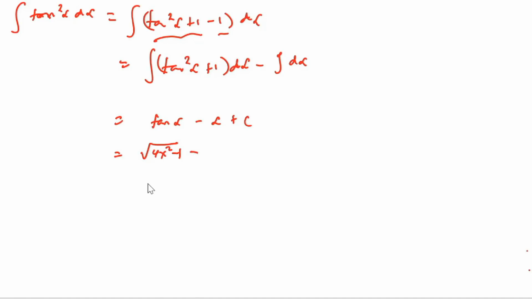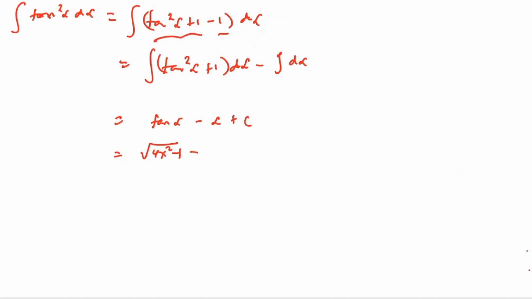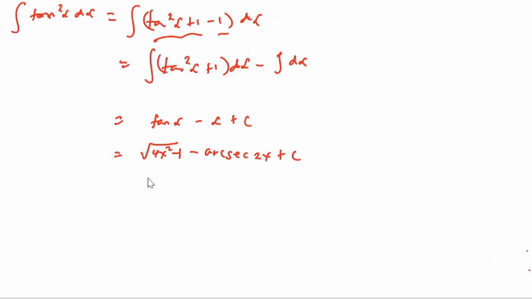Minus the meaning of alpha, alpha is arc secant of 2x, plus a constant. So finally, the answer for our given, the integral of the square root of 4x squared minus 1 over x dx, is equivalent to the square root of 4x squared minus 1 minus arc secant of 2x plus a constant.